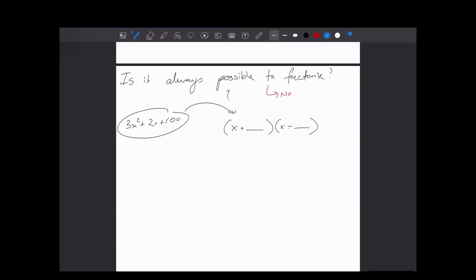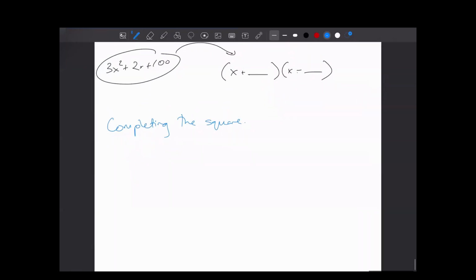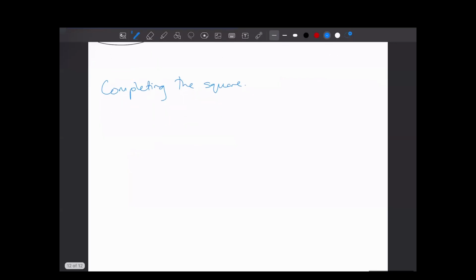Now this is a tricky technique to remember. When I first learned it, there were so many steps and it was easy to forget. It's an easy technique to mess up, but let's talk about it. Again, I'll give you an example, and I want you to talk me through what you remember.